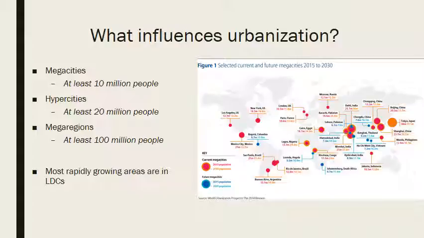So we have what's called a megacity. A megacity is an urban area that has at least 10 million people. Right now, we know of 26 megacities. 19 of those are in lesser developed countries.